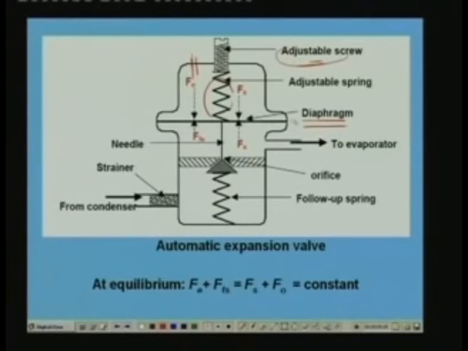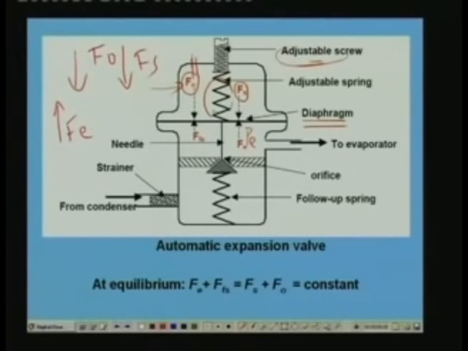So now if you look at the forces acting on the diaphragm, what are they? You have the force due to atmospheric pressure acting here, that is F0, and force due to spring, that is Fs. So the downward force is F0 and Fs. And what is the upward force? The first one is due to the evaporator pressure, because as I said the evaporator pressure acts here, since this is connected to the evaporator, that is Fe.